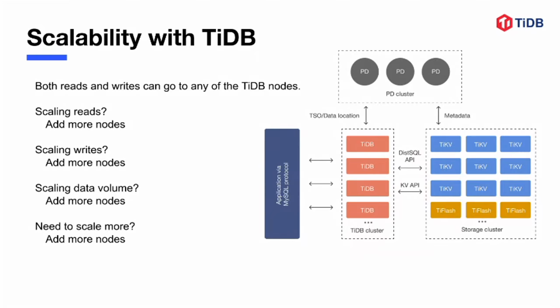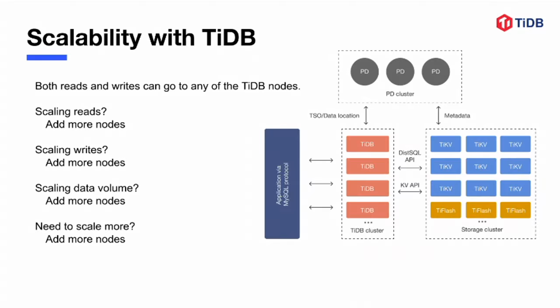So of course, with TiDB, we think that we have a better way of doing this. For all the things that you might want to do with a cluster, the answer is always to add more nodes. So you want to scale reads, writes, data volume, you just add more nodes. The TiDB nodes are used for serving queries.